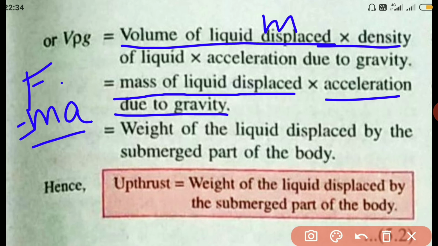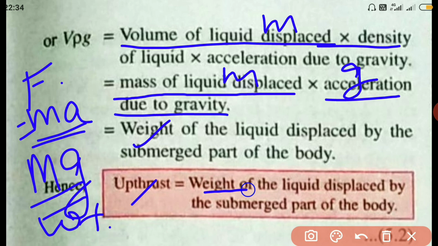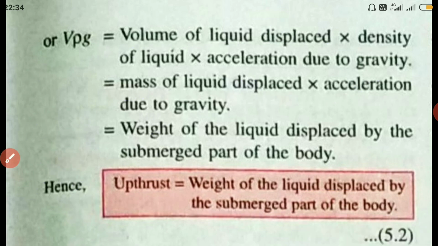This was the formula for force, but here we are writing mass into acceleration due to gravity. This was the formula for weight, if you remember. So mass m multiplied by g should be the weight of the liquid displaced by the submerged part of the body. Thus we have proved that upthrust is equal to the weight of the liquid displaced by the submerged part of the body. I hope you have understood till here.